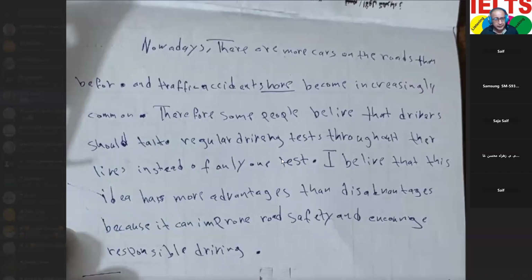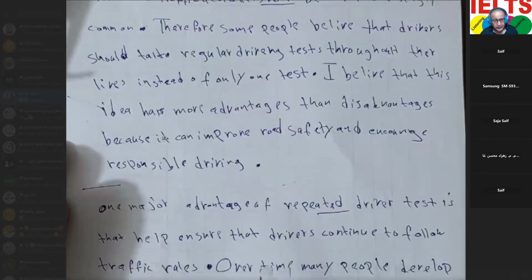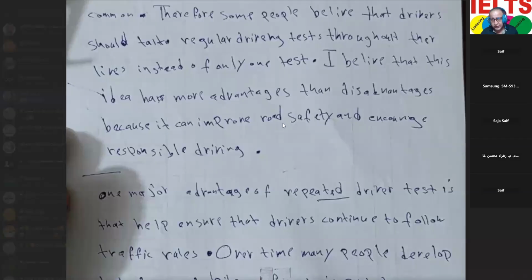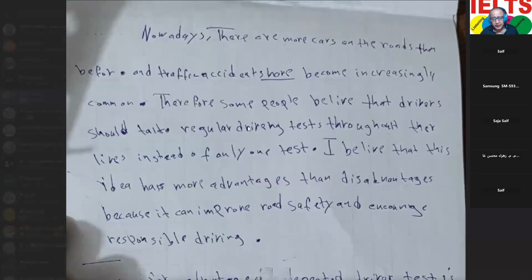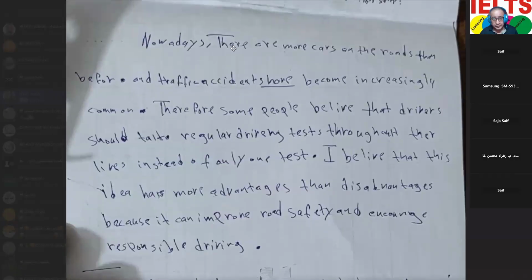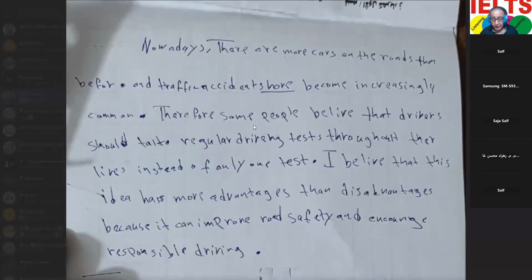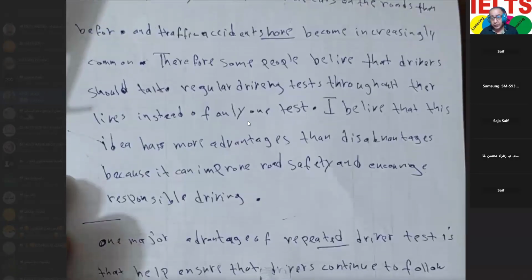Okay, I believe that this idea has more advantages than disadvantages because it can improve road safety and encourage responsible driving. Okay, you may say it's somehow a good introduction, but you have a lot of spelling mistakes here. Yes, right now I have 6 mistakes.